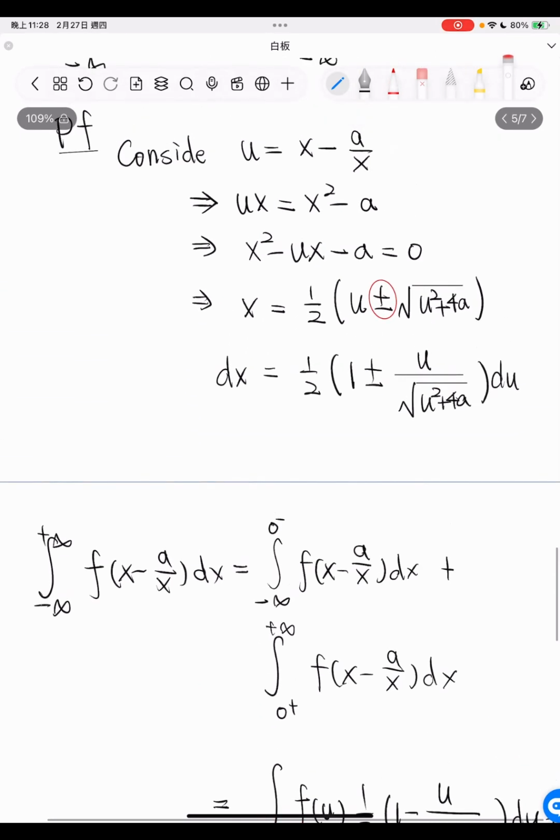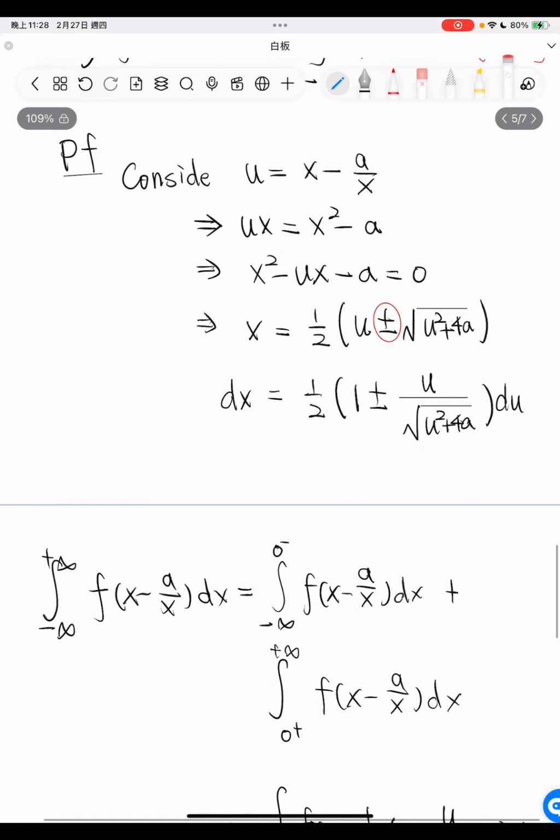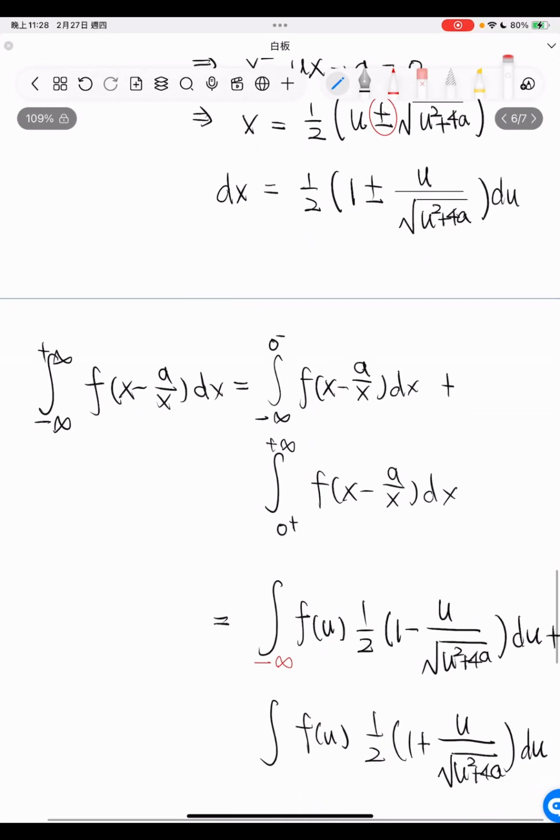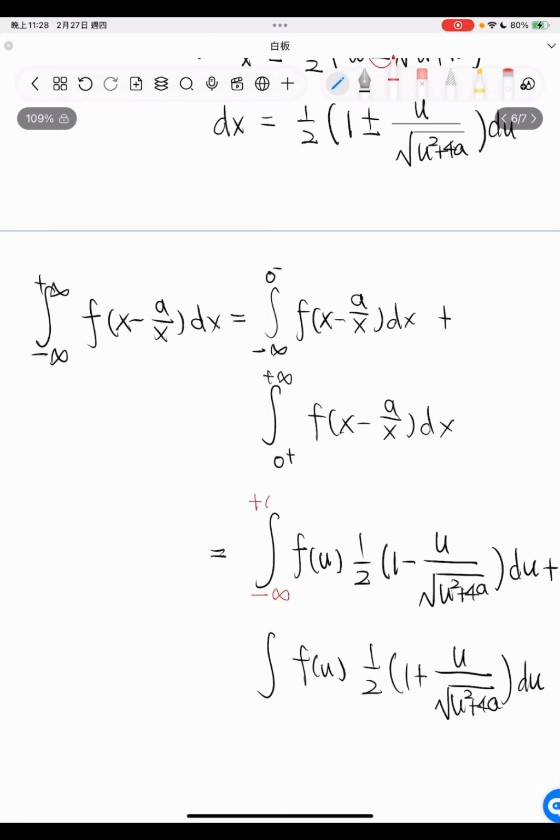And when x approaches 0 from the left-hand side, this is 0 and this approaches positive infinity. So u approaches positive infinity.